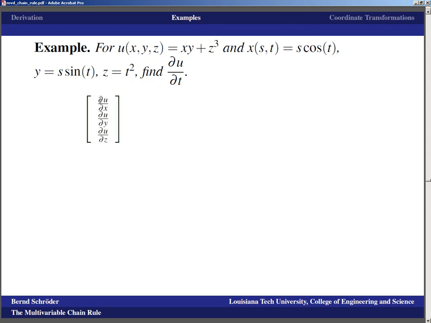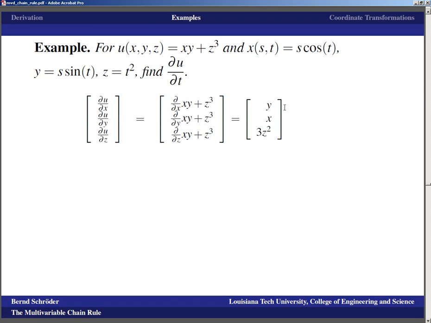Well, what do we do? We need to find this gradient vector, partial u with respect to x, partial u with respect to y, partial u with respect to z, which is nothing but the partial with respect to x of xy plus z cubed, the partial with respect to y of xy plus z cubed, and the partial with respect to z of xy plus z cubed, which gives us y in the first component, x in the second component, and 3z squared in the third component, just like we see here.